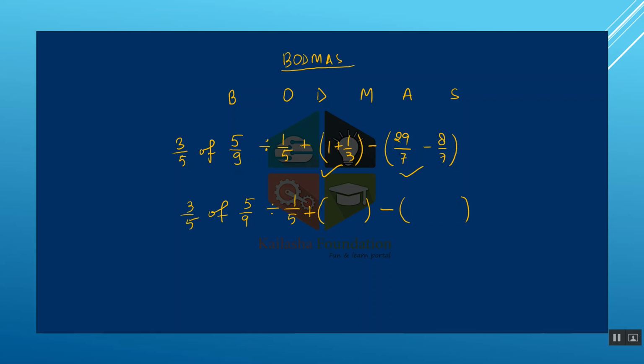Now when we evaluate this we get 3 plus 1, that is 4 upon 3, and 29 minus 8, that is 21 upon 7, it's 3. Okay, now we get 3 by 5 of 5 by 9 divided by 1 by 5 plus 4 by 3 minus 3.